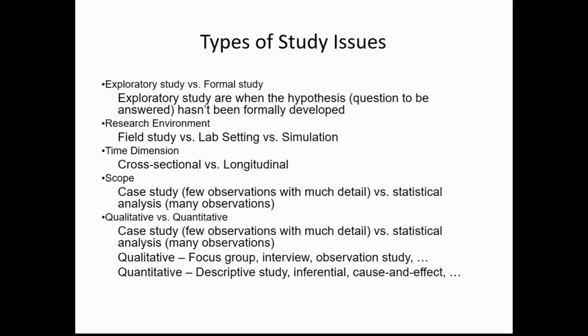Where is the research going to happen? Is it a nice, clean environment that you can control, or is it out in the field, or is it something more like a computer simulation study? Is it something that's going to be done in a certain time slice and that's it? Or is it something that you're going to do over a series of time periods, more of a longitudinal study?